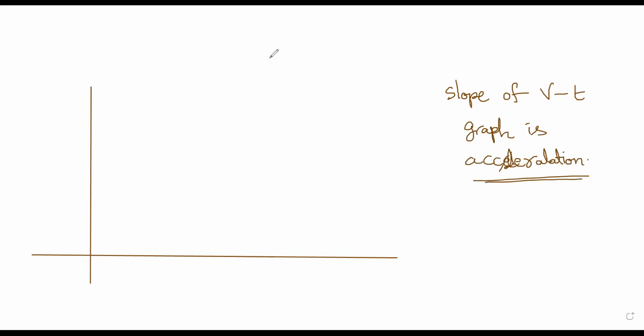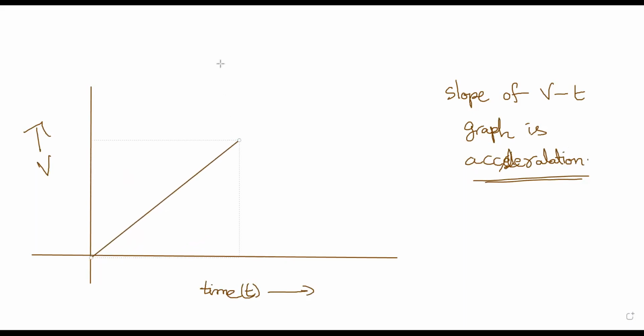So from this point, it started from rest. Let us say v is the velocity and t is the time it took. And now the car moves like this.